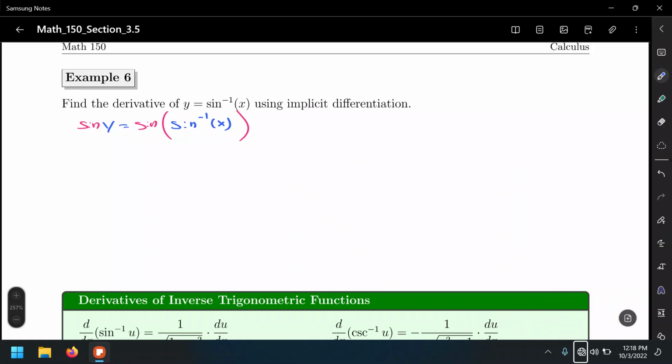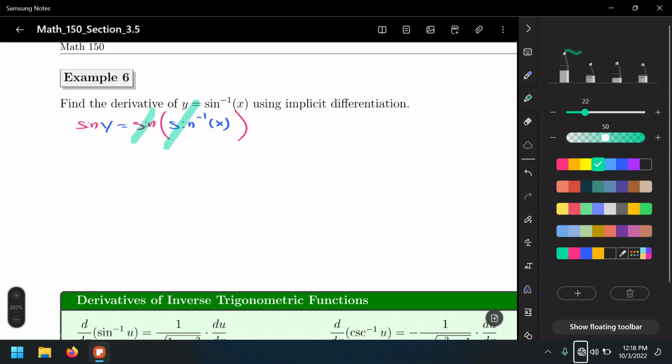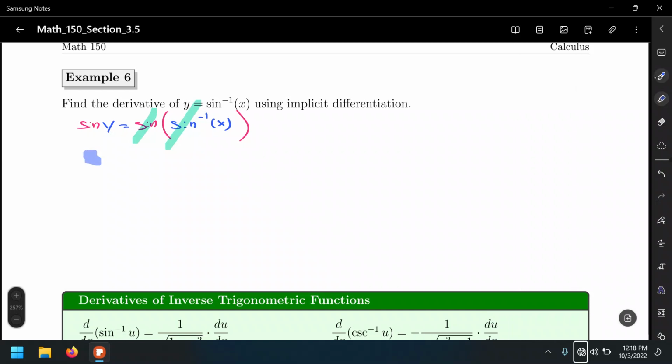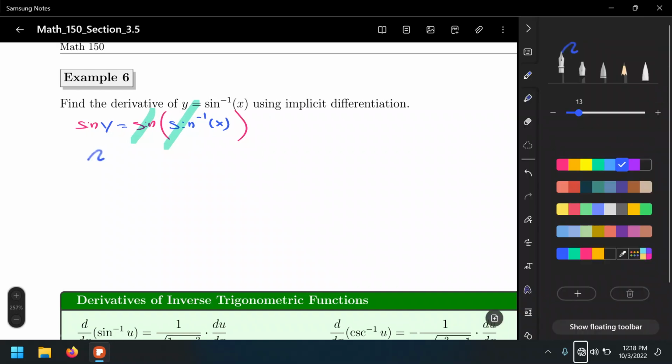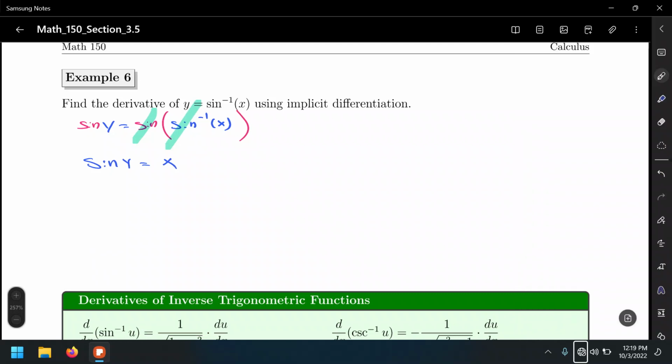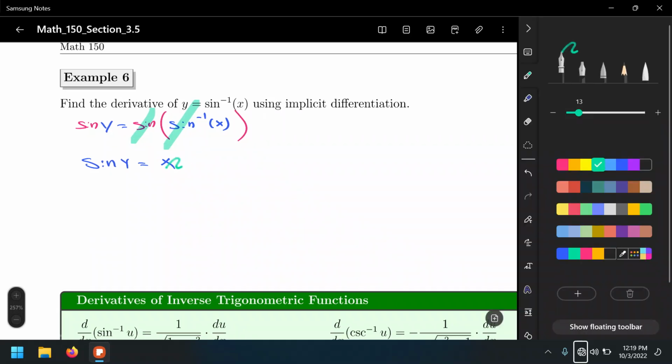This means we can cancel out sine with sine inverse because these are inverse functions to one another, just the same way e to the ln or ln of e. In this case, sine of inverse sine cancel each other, and we will be left with sine y equals x.